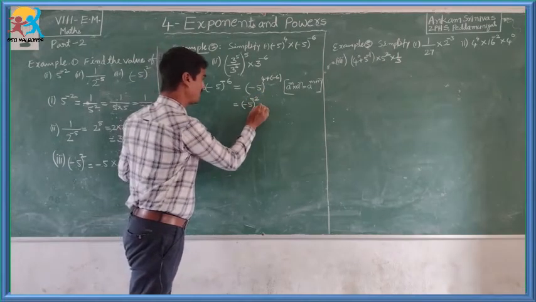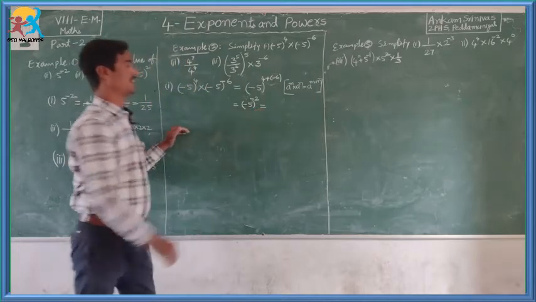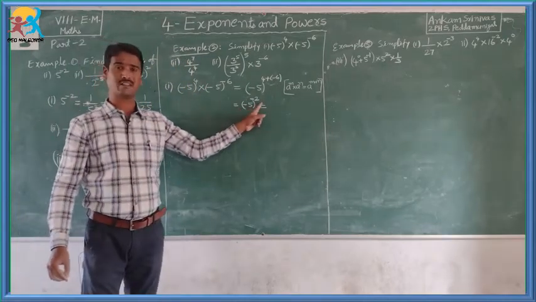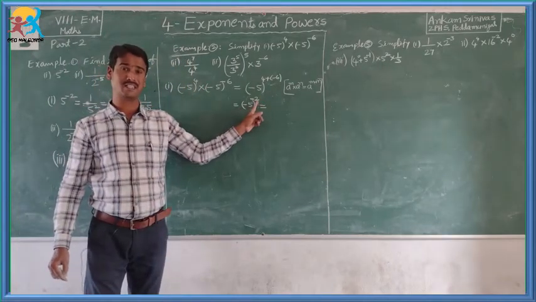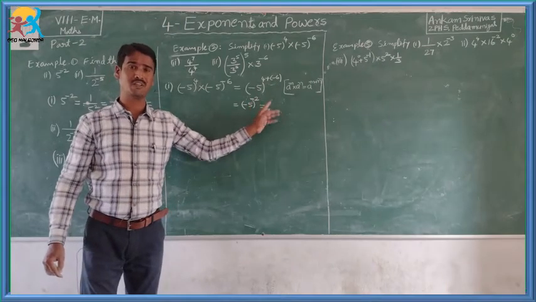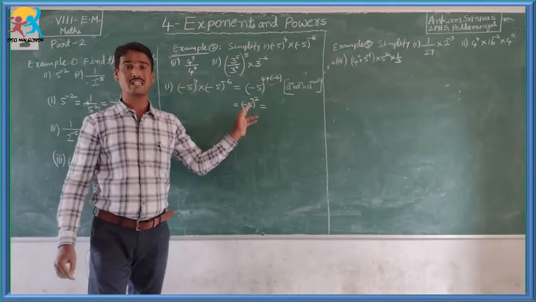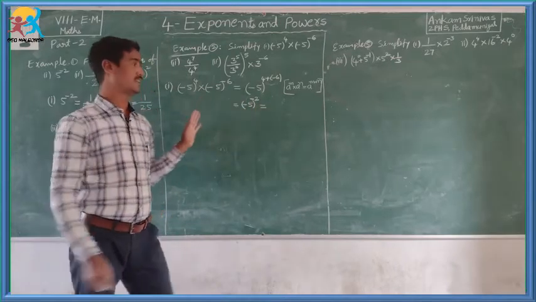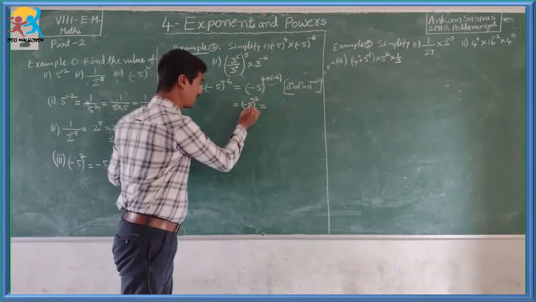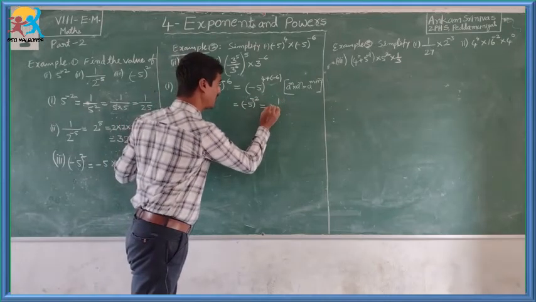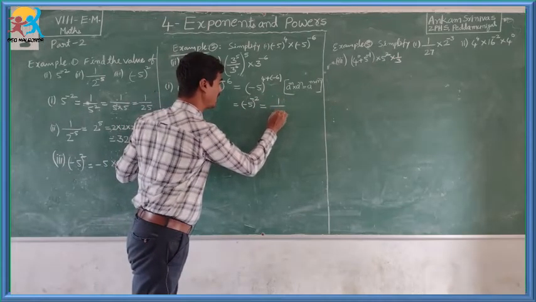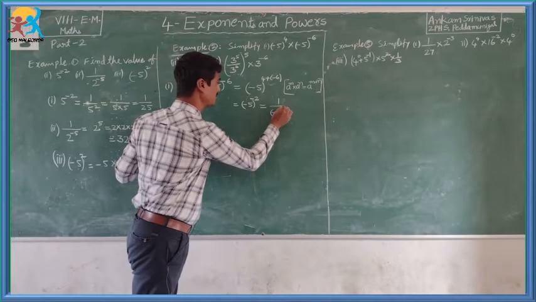And children, we know that when the exponent of a power is negative, we have to convert it to positive by writing the reciprocal of the given power. The reciprocal of the given power is 1 by minus 5 power 2.